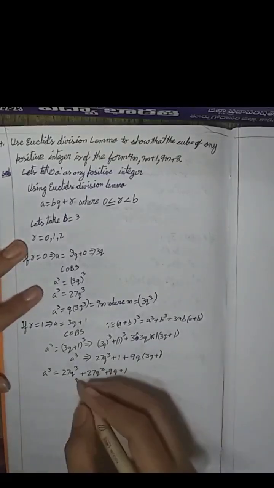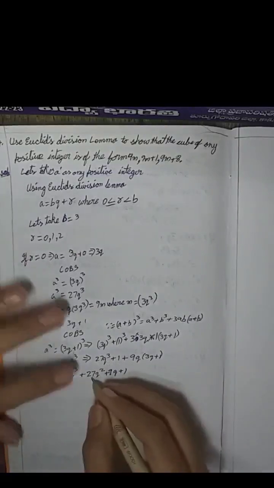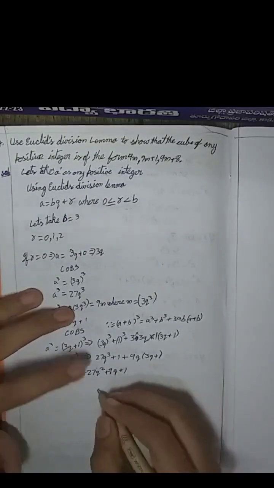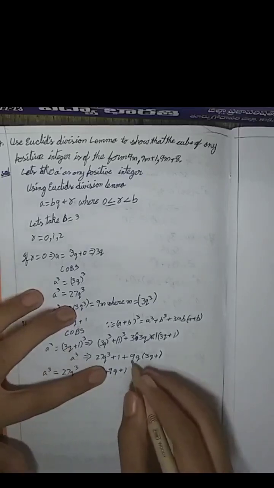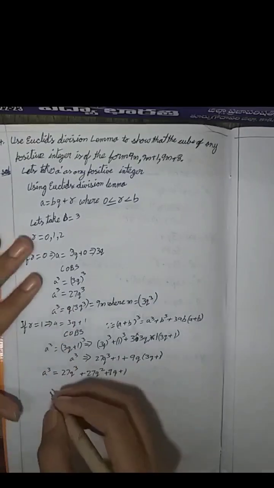We get 27q cube as it is, and we get 27q square by multiplying 9q into 3q, and we get 9q by multiplying 9q into 1, and plus 1 is transferred to last.